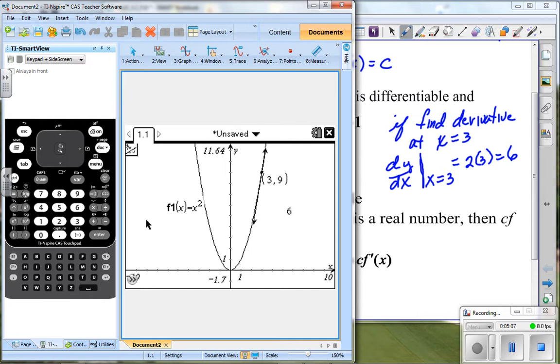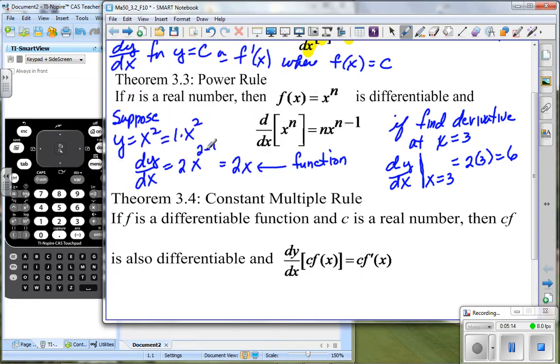Now again, if I look at the derivative of this, let's go back to the notes here. I take the exponent times the leading coefficient, so this would be 1 in this case. So n times 1 is n, and then subtract 1. And so the derivative function is 2x. If I wanted to find this at another point, then I would have the ability to do that.